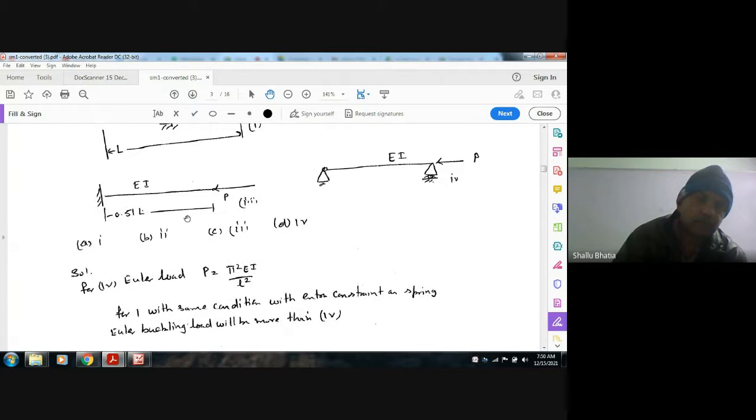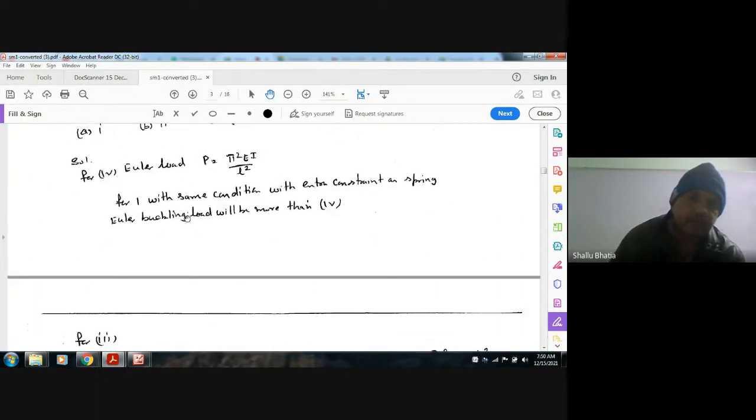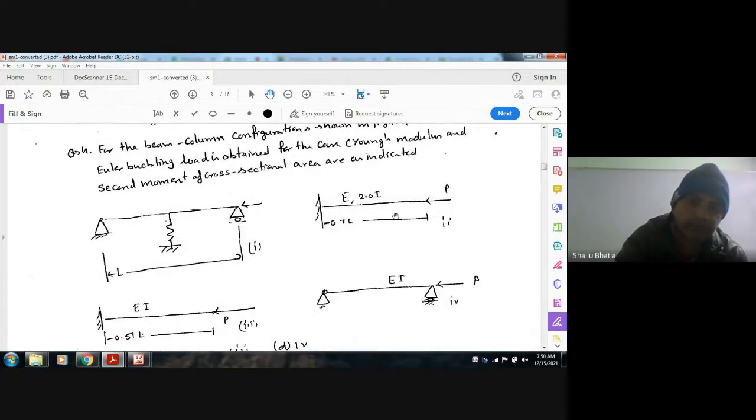So one will be having more buckling load than four. Now the second condition is of fixed at one end and free at another.